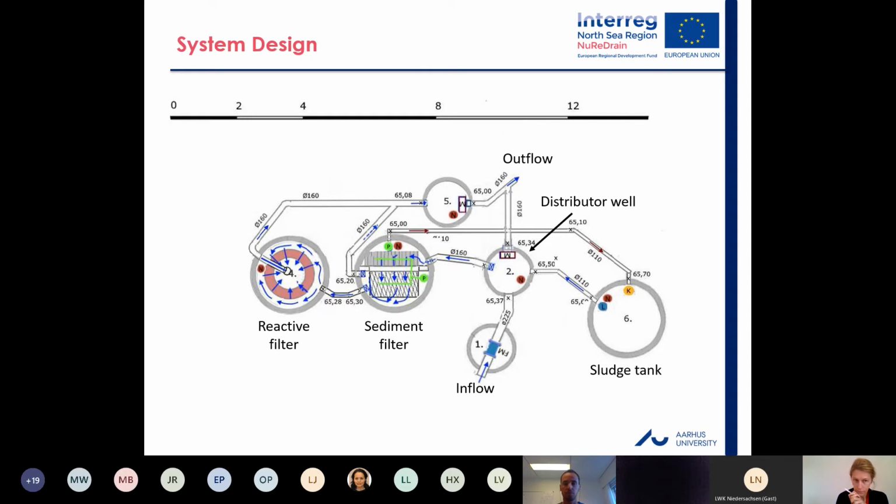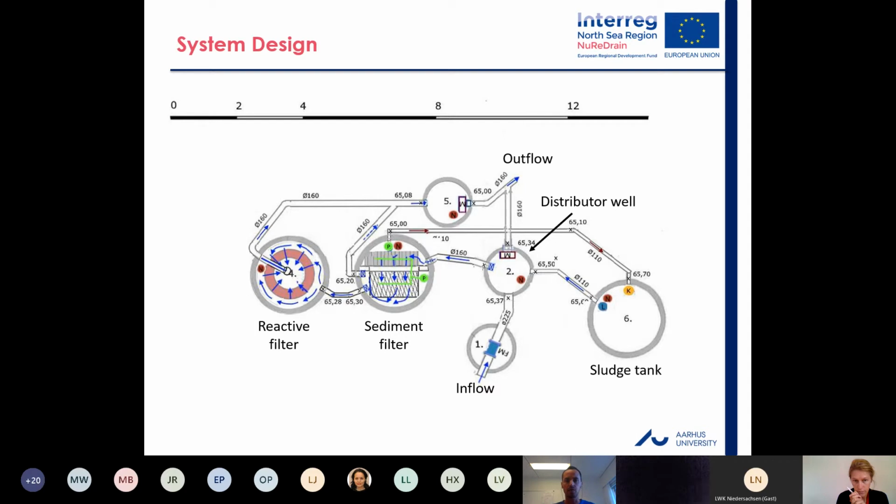Afterwards, the water moves to well 2, which is a distributor well. This well is also equipped with a valve, which can be used to regulate the hydraulic load to the system, and it's also equipped with an overflow to be used in case of extreme runoff events.